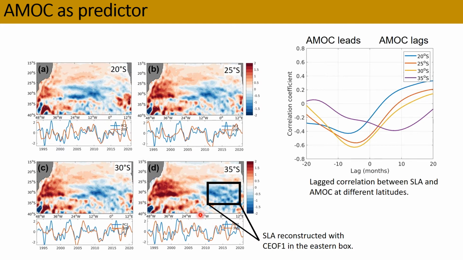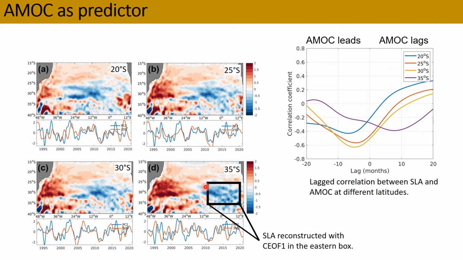Not too much at 34 South, which is a little bit south of the region of most of the variability, but there's still some correlation there. But most of the correlation is at 25 and 30 South, where we have exactly the mode. We have this dipole here in the region.